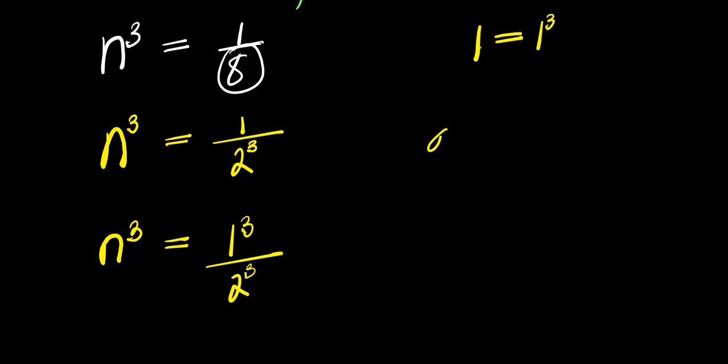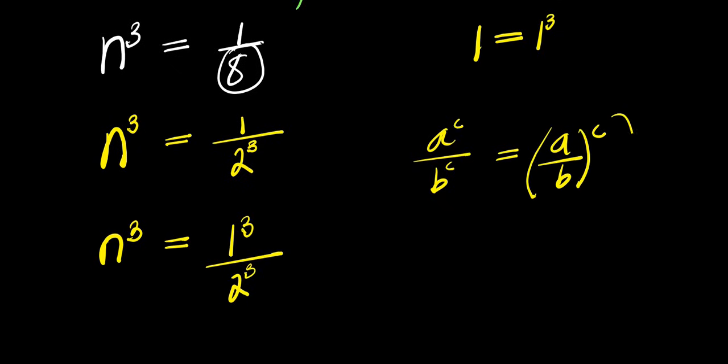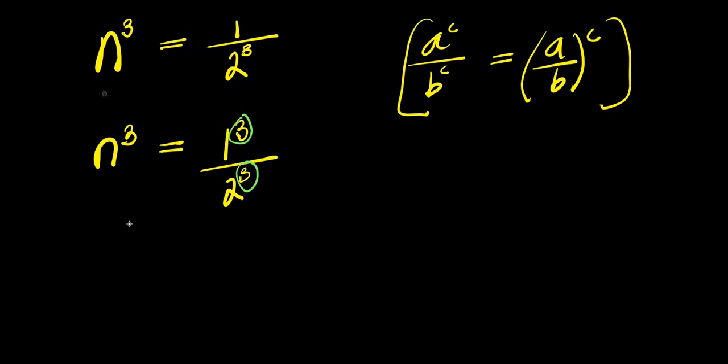Now, if you have a power c divided by b power c, this equals a divided by b raised to the power of c. So applying that here, I can factor out the common exponent. So in this case, I'll have n power 3 equals 1 divided by 2 to the power of 3.